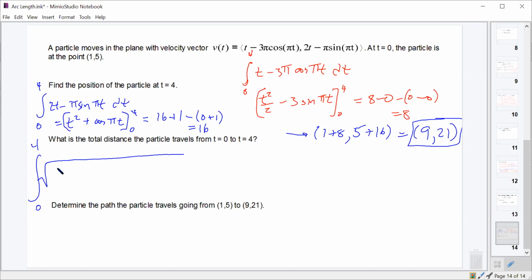Of our velocity component squared, so t minus 3 pi cosine pi t squared, no derivatives needed, right? Plus 2t minus pi sine pi t squared, because we've already got velocity functions, dt. And that one, we're not even going to bother to try and simplify. Just approximate that one on your calculator. What do we get?